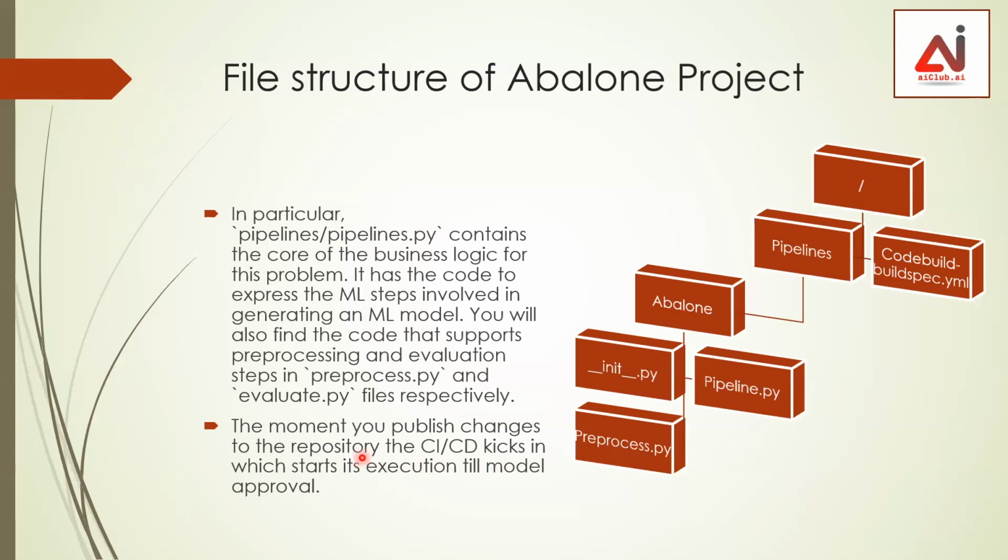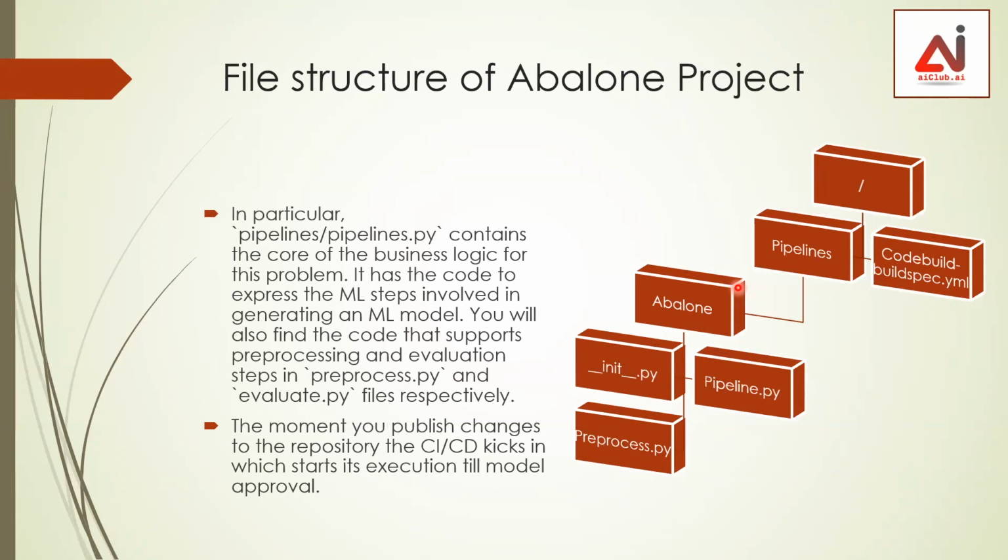So this is the general overview which I want to give you. And the moment you change something in these files, say preprocessing or pipeline, say you change the type of instance in the pipeline from a T3 xlarge to a T3 medium, you have to publish it to the repository.